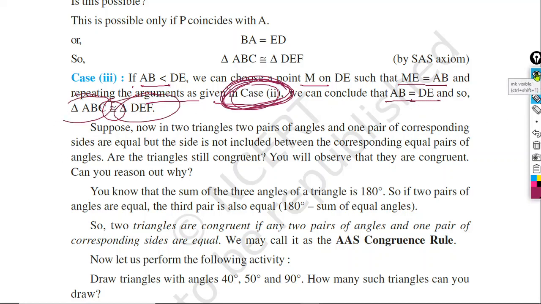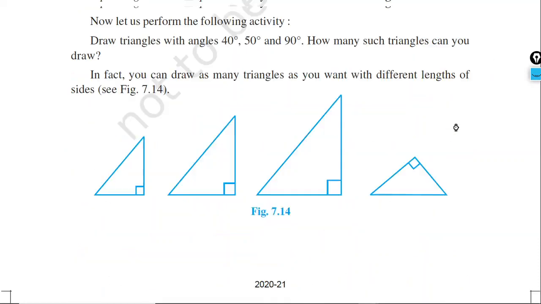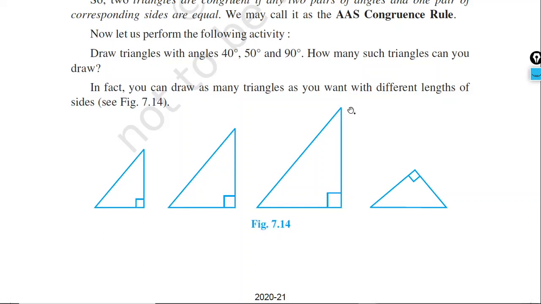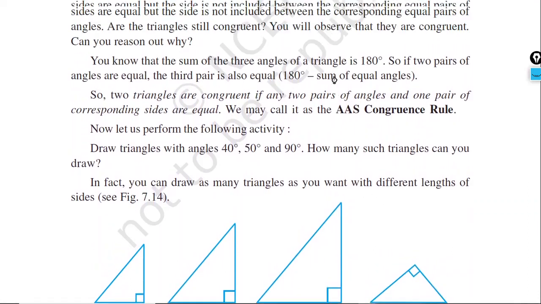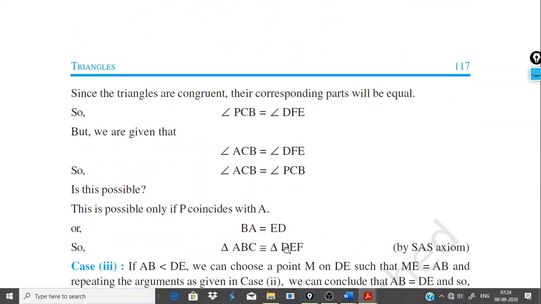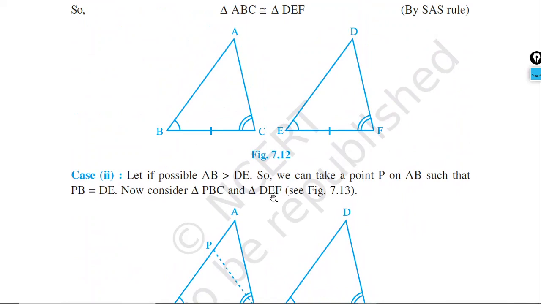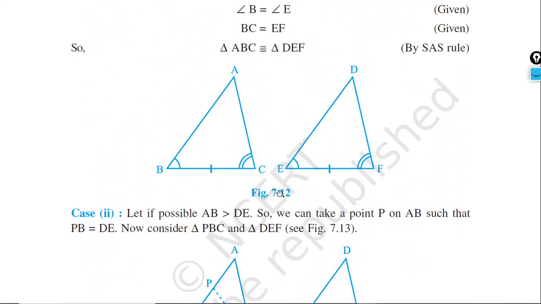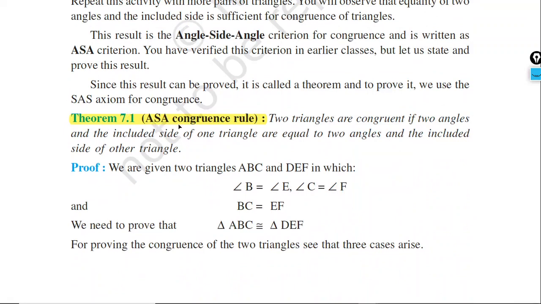So this is the proof of another theorem, and this theorem is the angle side angle congruency rule.